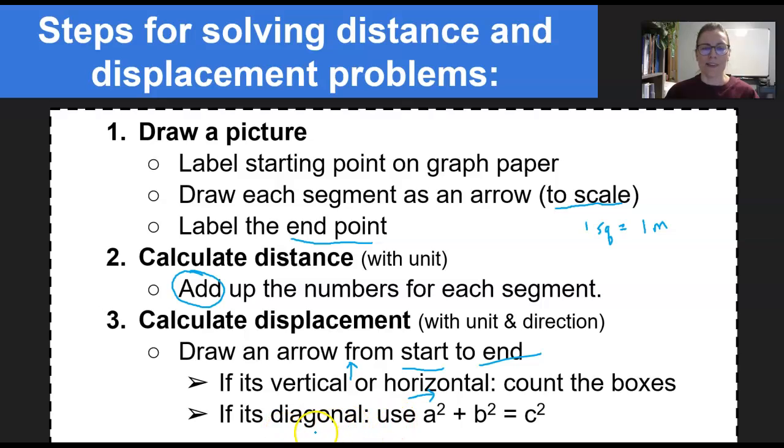But if it's diagonal, so if our arrow goes off at a diagonal, then we have to use the Pythagorean theorem, where this actually winds up being our C, and we'll show you how to count up your A's and your B's so that you can calculate your answer.